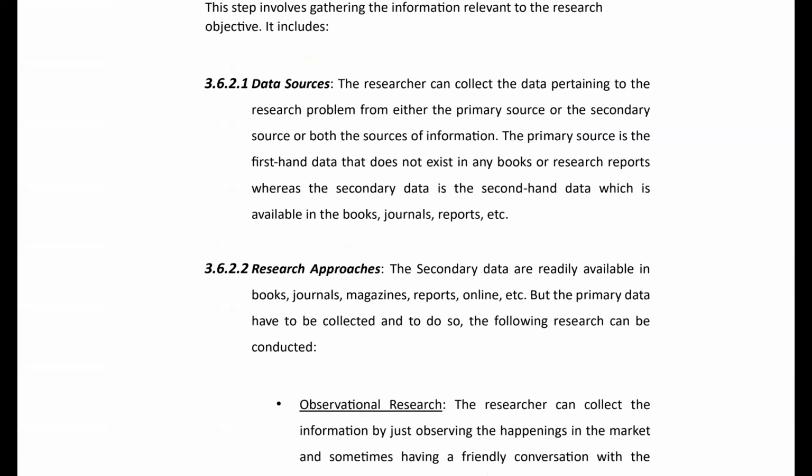The primary source is first-hand data that does not exist in any books, research reports, articles, news, or writings. The second one is second-hand data, which is available in books, articles, journals, and reports. So you determine where you can get the data. Sources of data are very important.